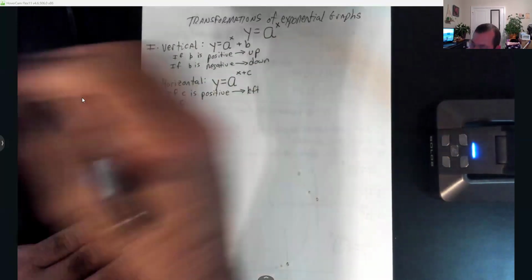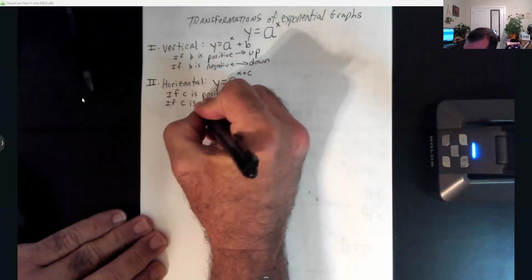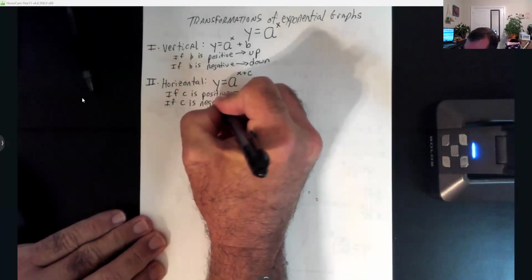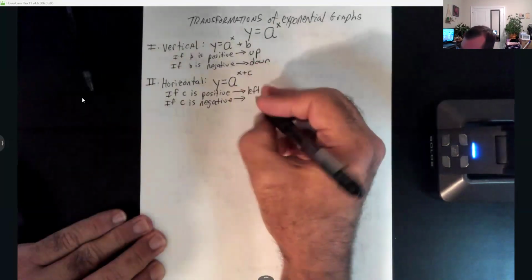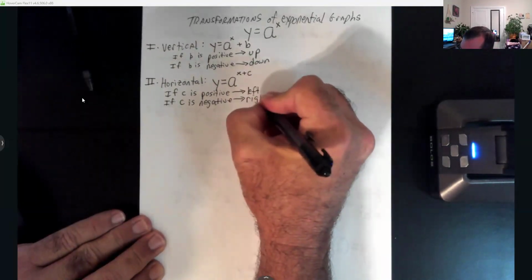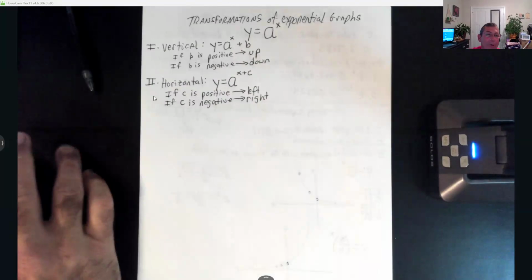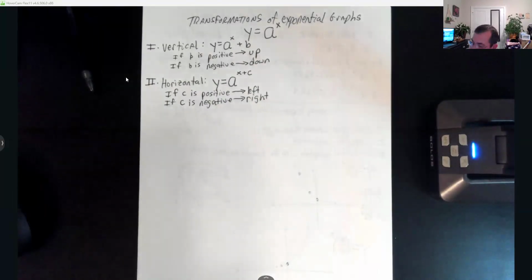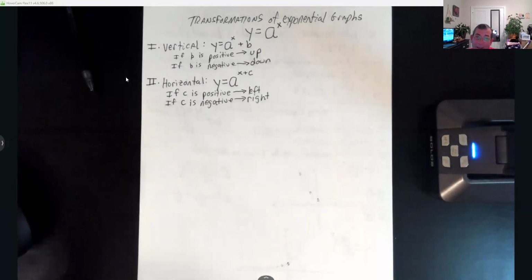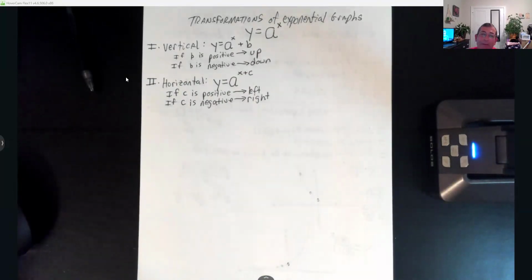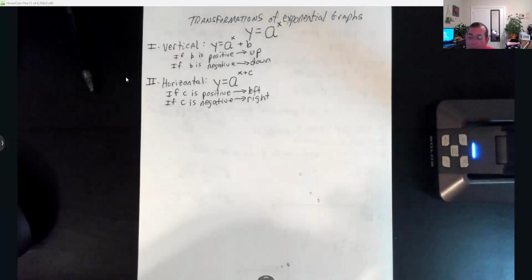Which means if c is negative, we're going to the right. So, y'all, guess what? Attacking the x is still sort of backwards from what you think. But adding goes left, subtracting will make me go to the right.